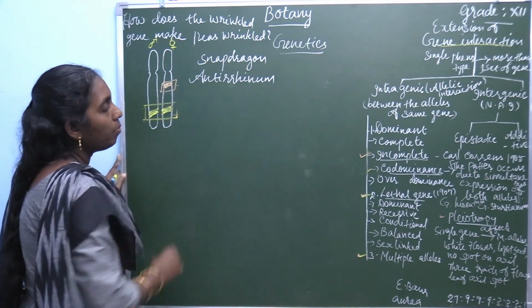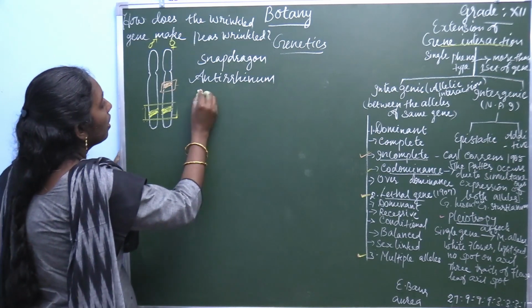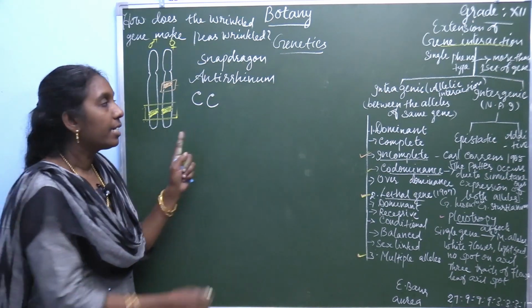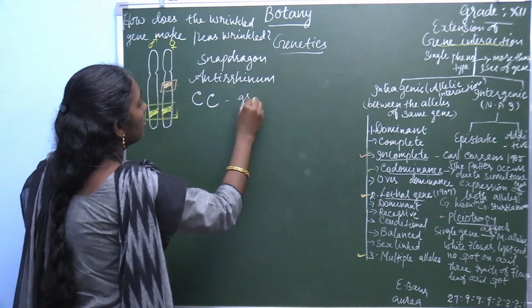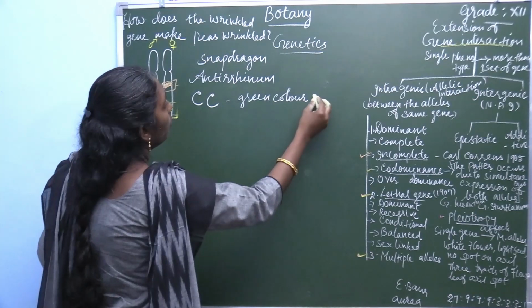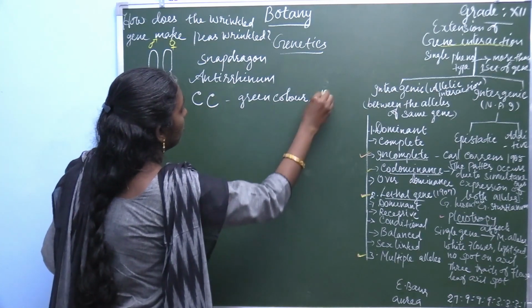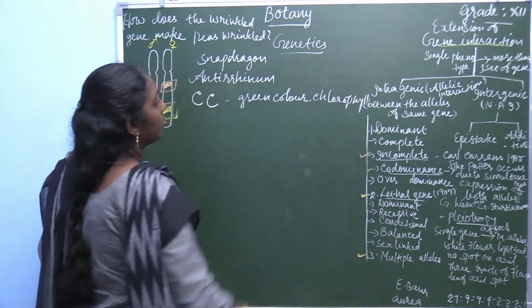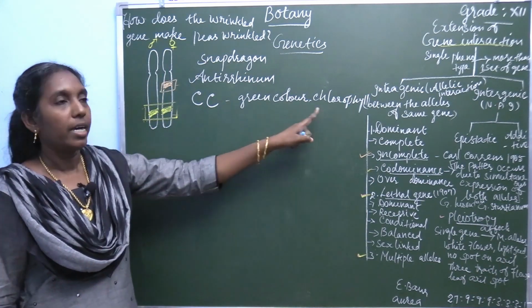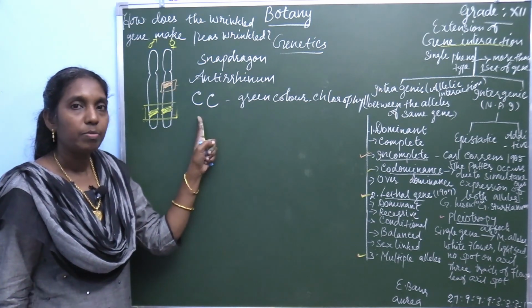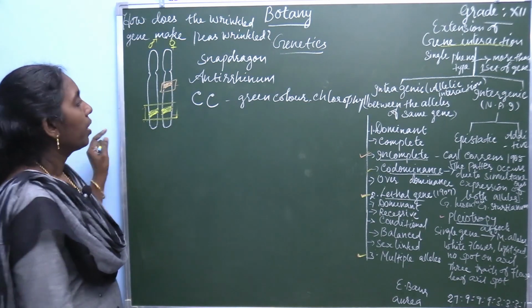The first type, capital C, is the green color plant with chlorophyll. The green color plant with chlorophyll is the dominant allele, capital C.